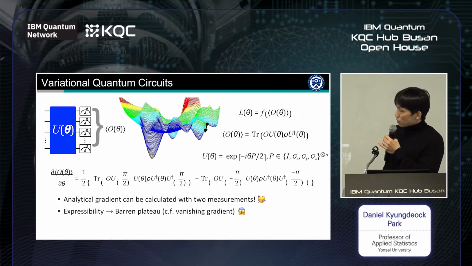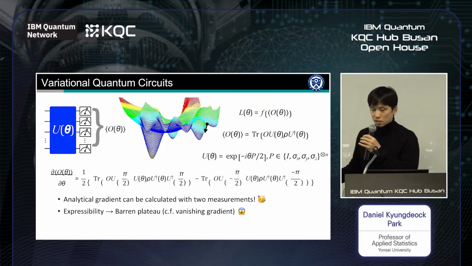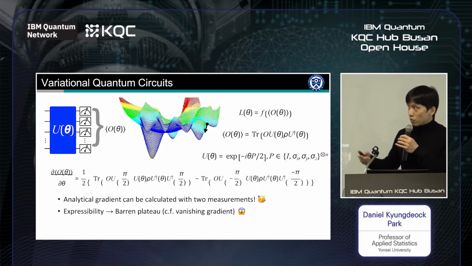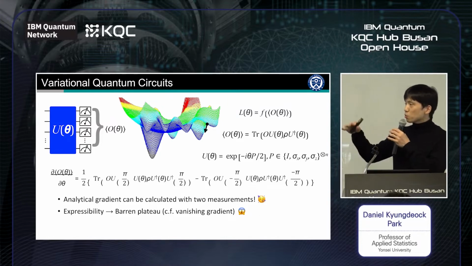But in this quantum-based optimization, or quantum algorithms, what's known as expressibility is very important. This is a very complicated concept, but in short, we want to design our circuit and parameterize our unitary gates so that using the set of parameters, we are able to generate as many quantum states as possible.